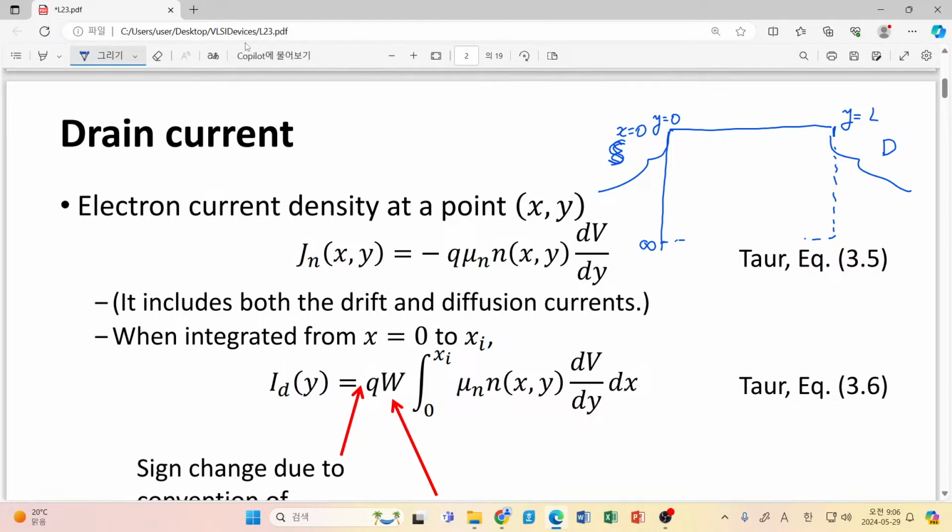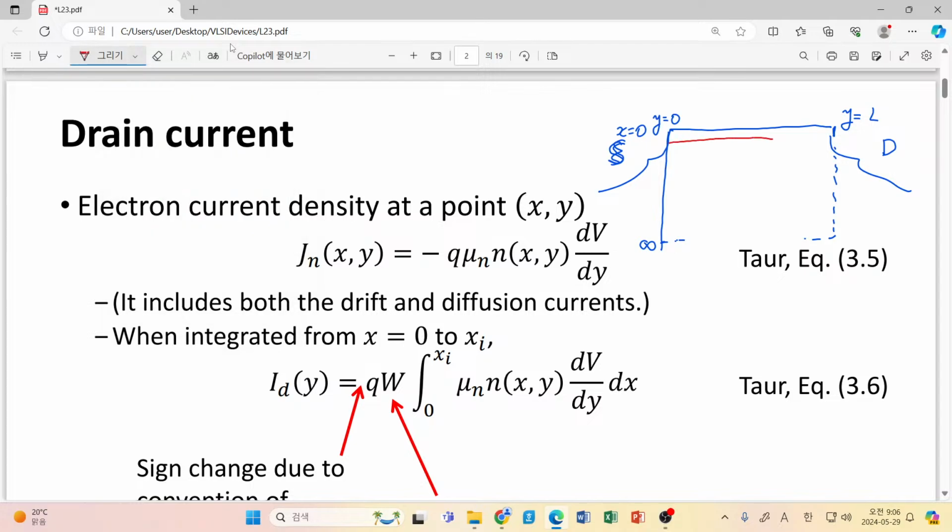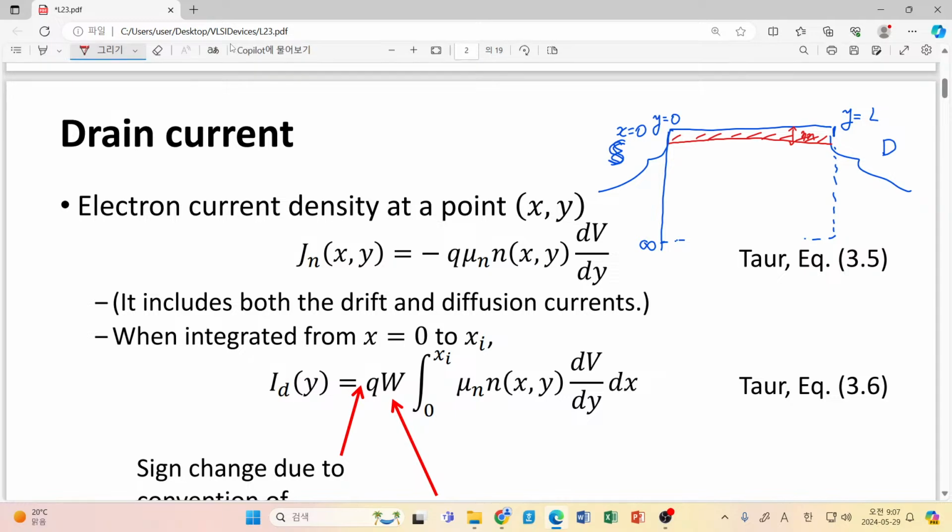Practically, our electrons are highly concentrated only within a certain distance from x equal to 0, which corresponds to just a few nanometers, while our actual size is several micrometers. So we can treat this infinity as sufficiently far away from x equal to 0.